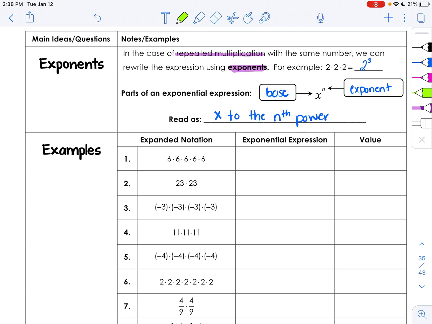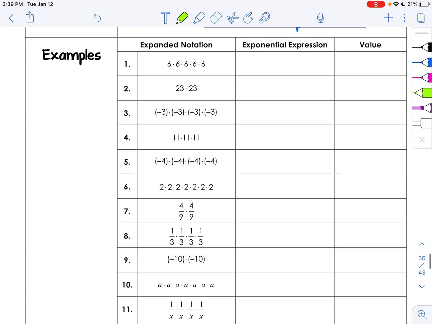Let's take a look at some other examples of exponents. Number 1, 6 times 6 times 6 times 6 times 6. This is repeated multiplication with the same number. So we can write it as an exponential expression. The number that's being multiplied is our base, our bigger number, and the number of times we're multiplying that number is the exponent.